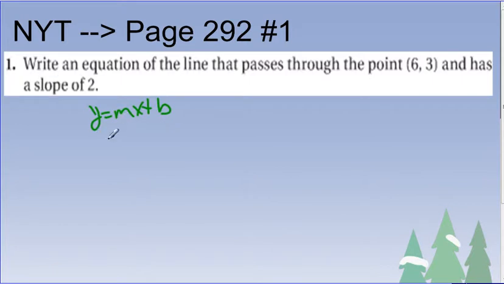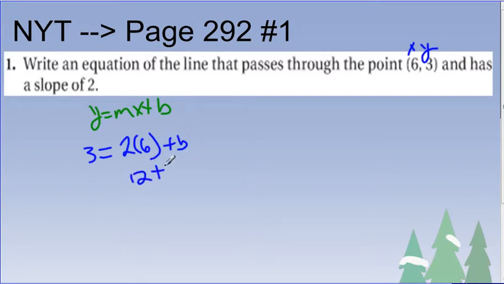Okay, so we want to write it in slope-intercept form. So we have a point, we have a slope. Well, the slope is 2. I know the x value is 6. The y value is 3, which when I plug that stuff in gives me 1 variable left over. Now I just solve.